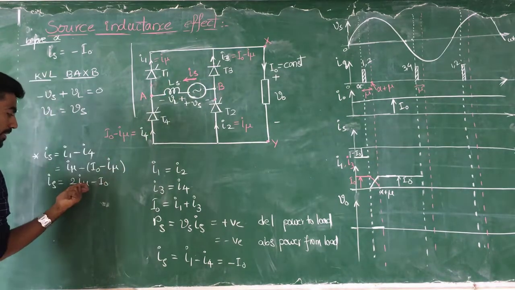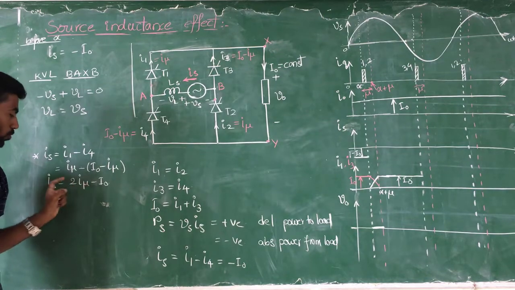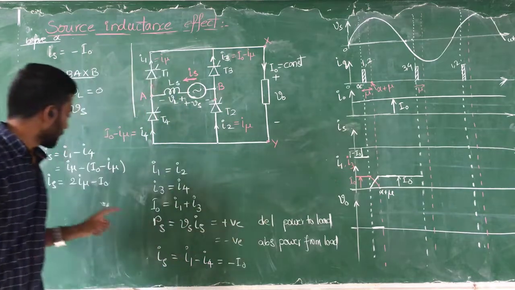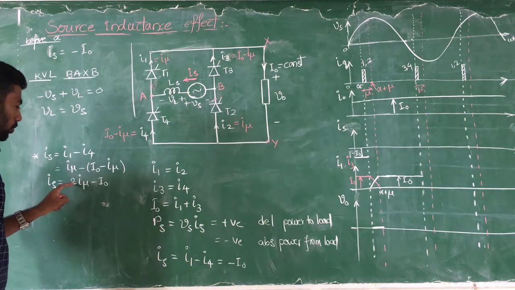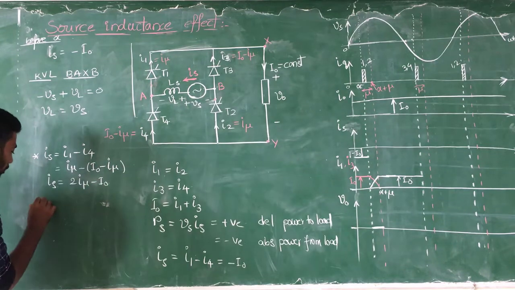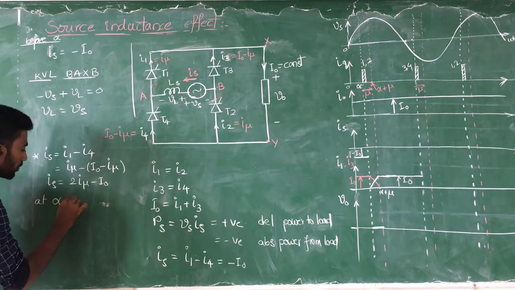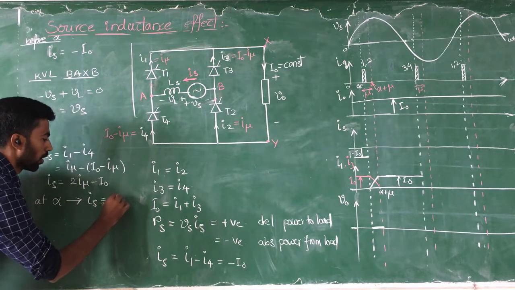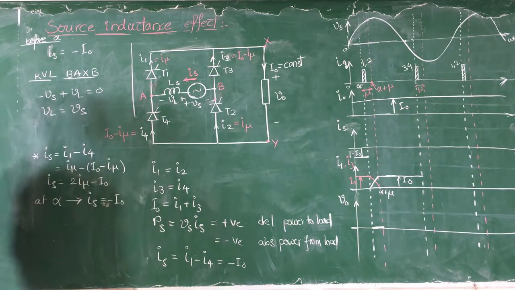Previously this IU current was 0 ampere, so IS is equal to minus I naught here. But in the present situation, it is 2 IU minus I naught. At alpha, IS is equal to minus I naught.